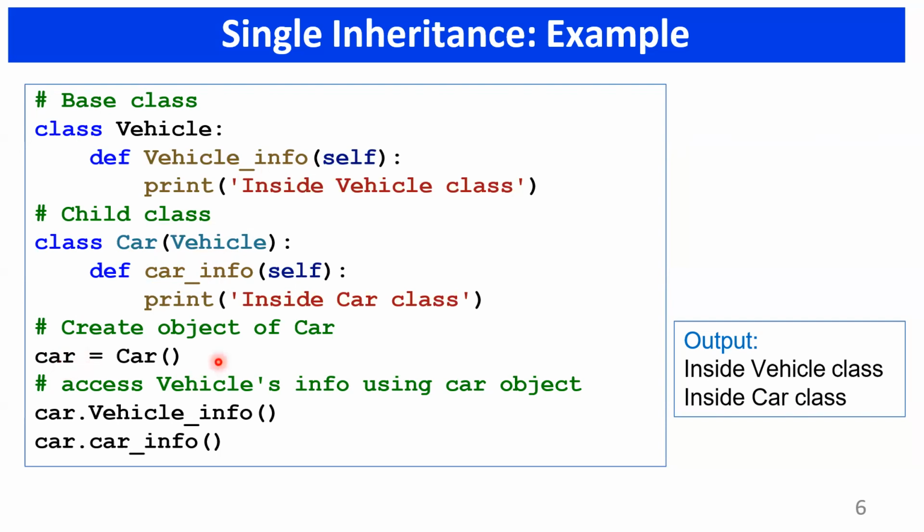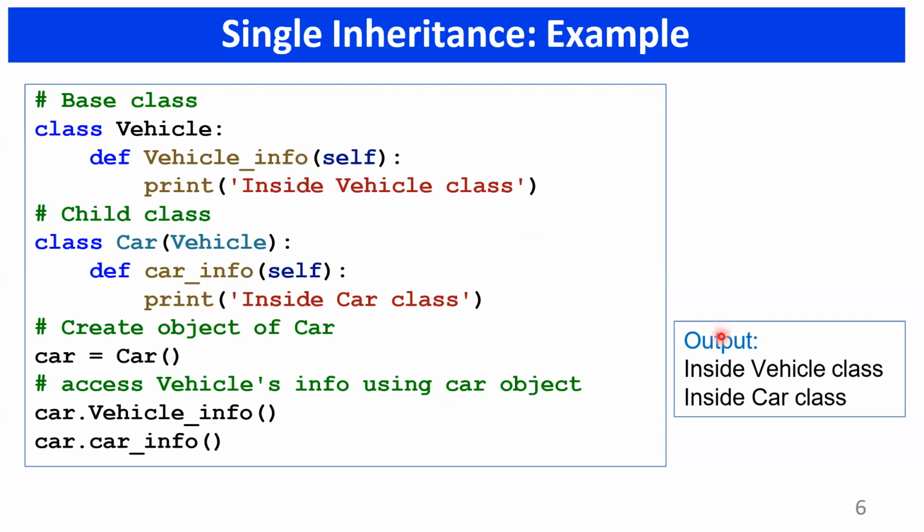In addition, since it acquired the properties from the base class, vehicle_info also will be a method of the car object. So we can invoke the methods by using car.vehicle_info and car.car_info. Not simply the methods of its own class, it can invoke the methods of the base class also.